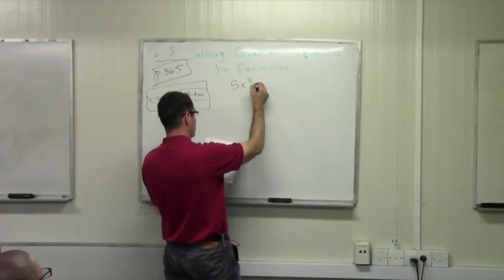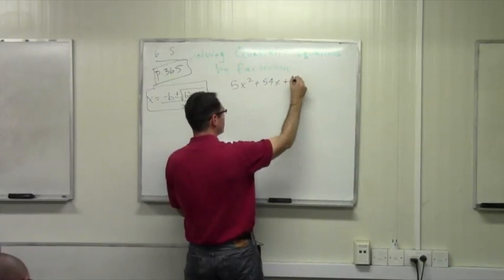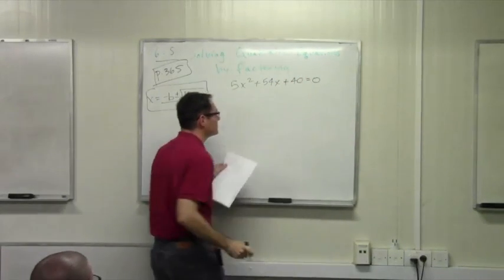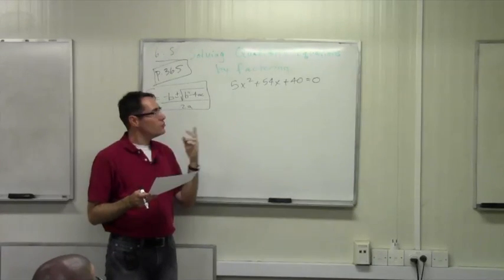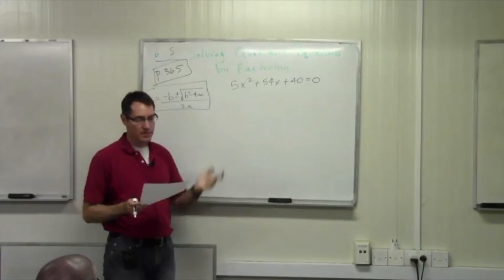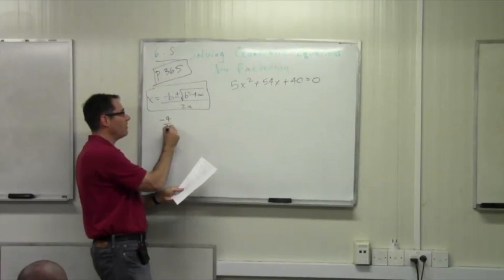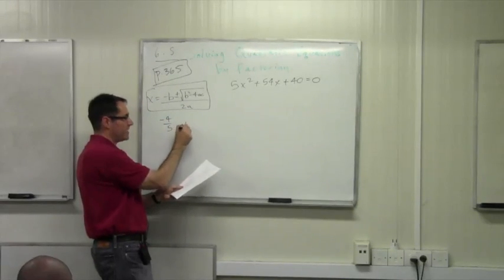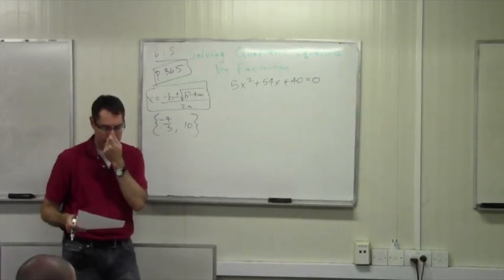5x squared plus 54x plus 40 equals 0. All right. We could do this by factoring. In fact, we did before, but let's do it without. I'll remind you that the answers were negative 4/5 and 10. Okay, those are the answers.